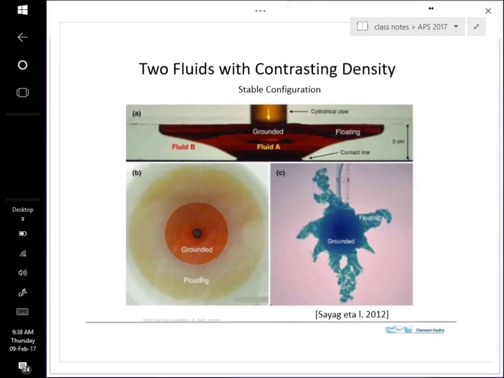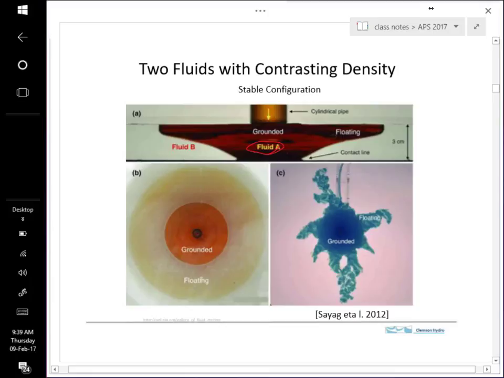So the density of the fluids is going to be important. We saw surface tension at these small scales. Density will be important for these two immiscible fluids. Here's an example of two fluids that have a density contrast, and this is an experiment where fluid A is lighter than fluid B, and it's injected.